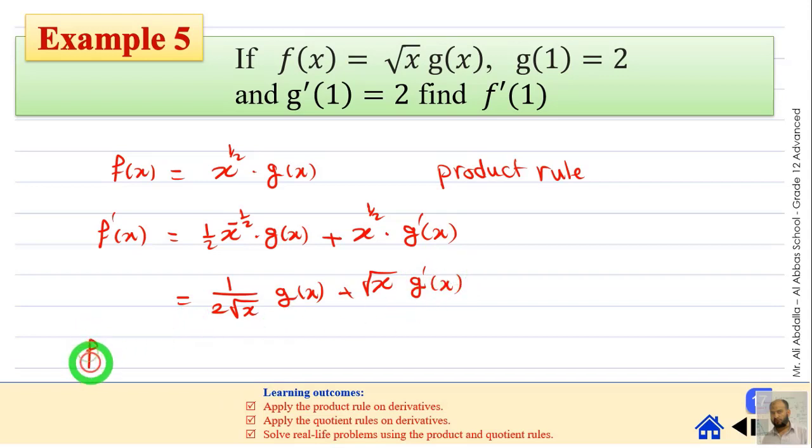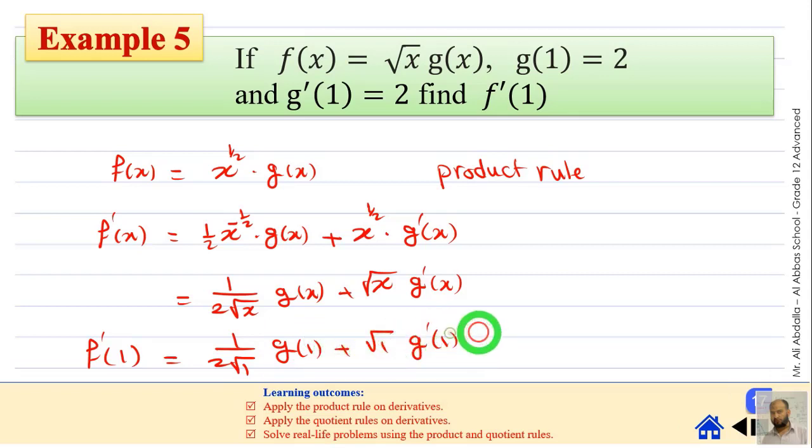Then we can find f'(1) equals 1 over 2 square root of 1, g(1), plus g(1) g'(1). Then we can use our given g(1) equals 2 and g'(1) equals 2.